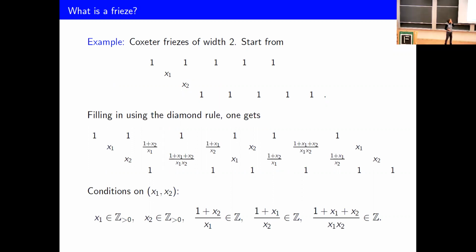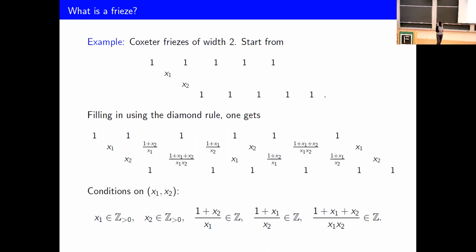So we're looking for two positive integers x1, x2 such that all of these are integers. Of course, they are positive right away. So the question is, how many such solutions are there? There's one obvious solution if you just put 1 and 1. That's one solution. How many are there?